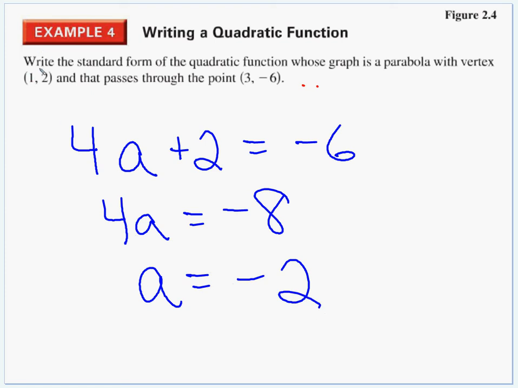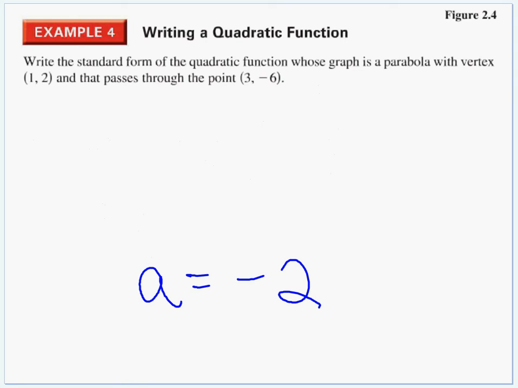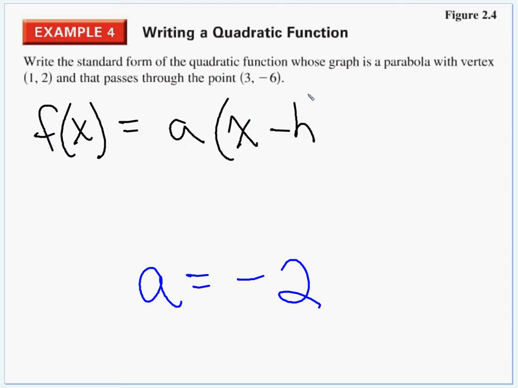So let's go back and read the directions again. Write the standard form of the quadratic, given this, passes through the point. Okay, so what we were looking for, again, I'm going to just rewrite the entire blank standard form. F of x equals a times x minus h quantity squared plus k. They gave us the h and the k.